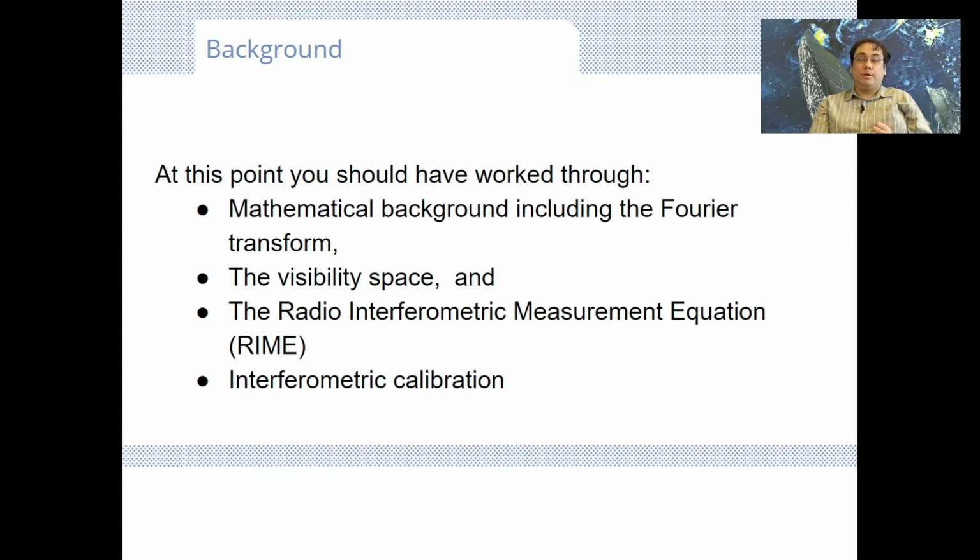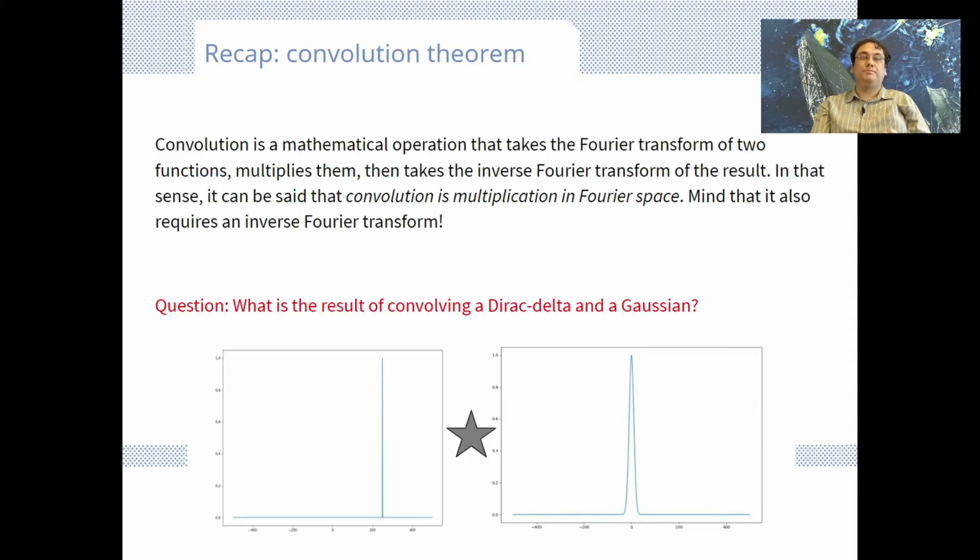You should also have looked at the radio interferometric measurement equation, the so-called RIME. Remember that the RIME just describes the various systematic and environmental effects on the propagation of the signal that we're trying to measure. And then lastly, coupled with the RIME is interferometric calibration.